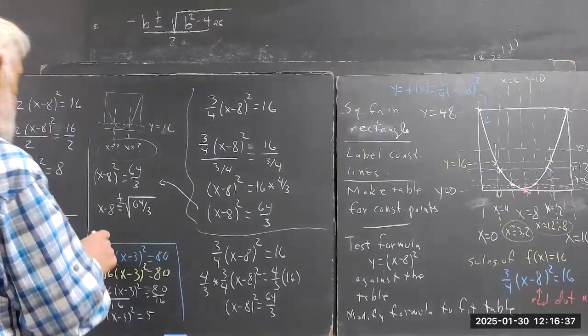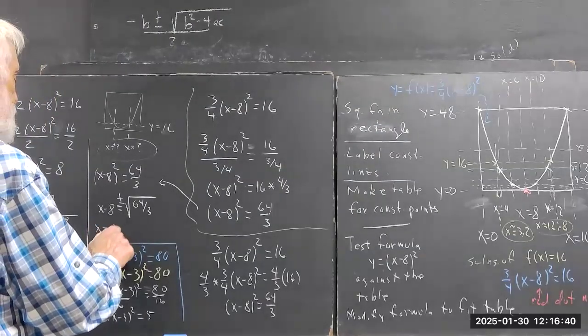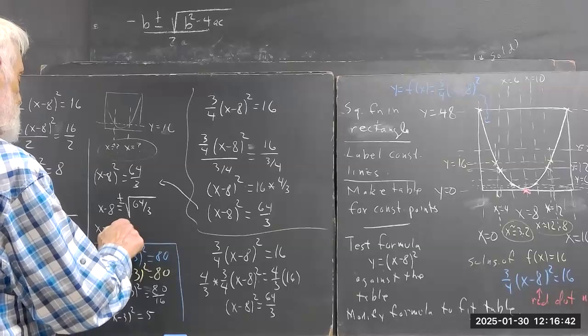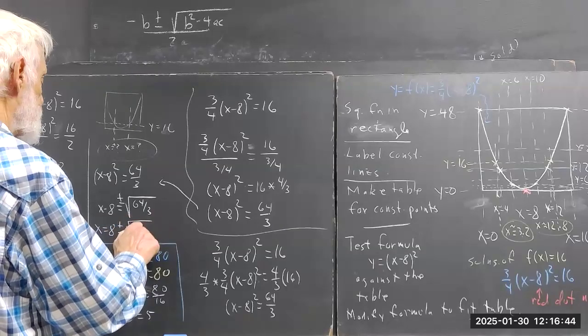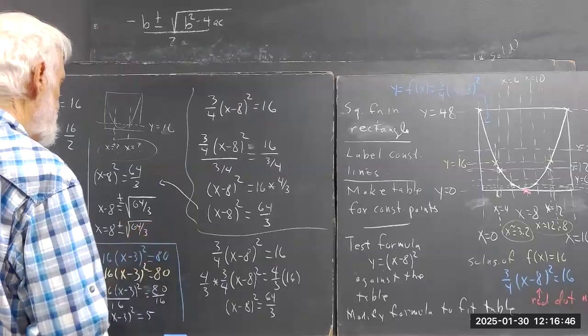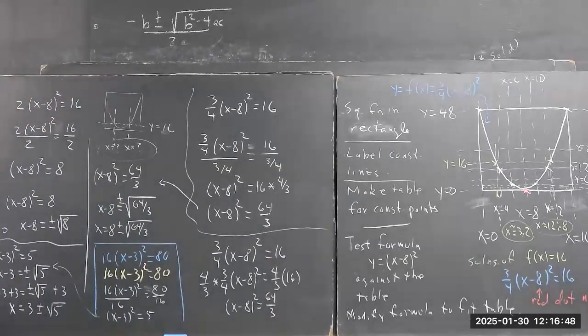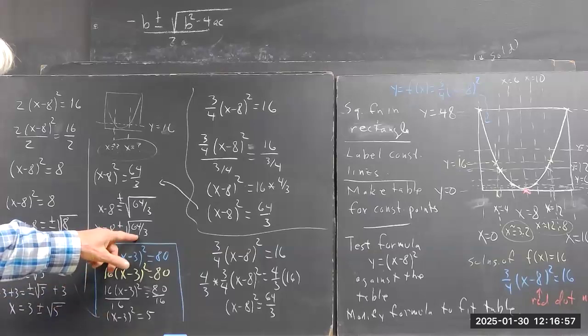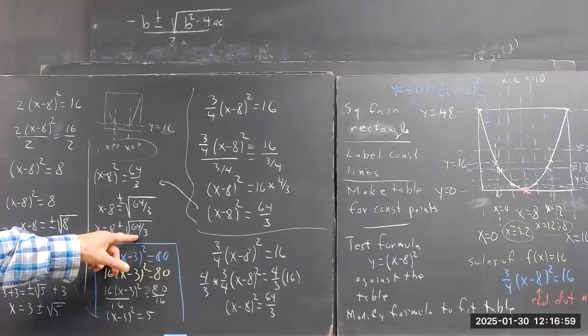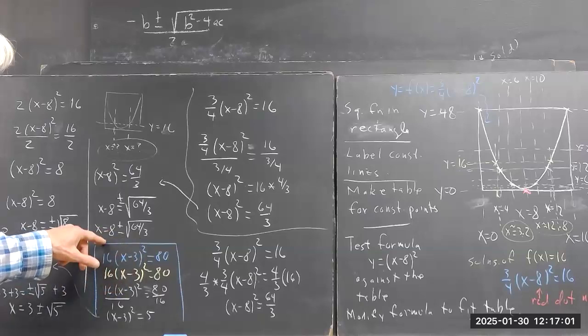Okay, well, x equals then 8 plus or minus the square root of 64/3. I'll just do my mental arithmetic, and then you can plug this in your calculator, okay? While I'm fumbling over the mental arithmetic, find the square root of 64/3 as a decimal, and add it to 8.